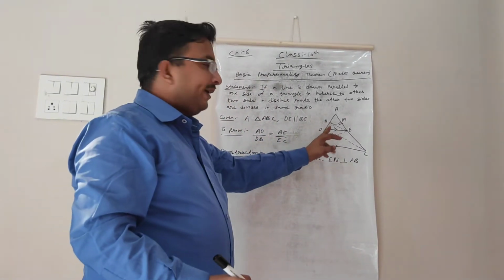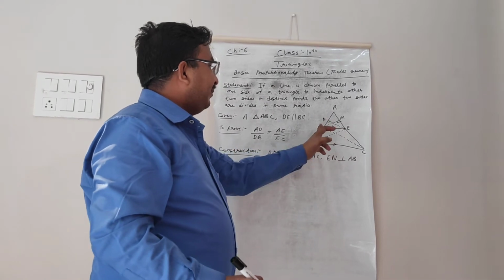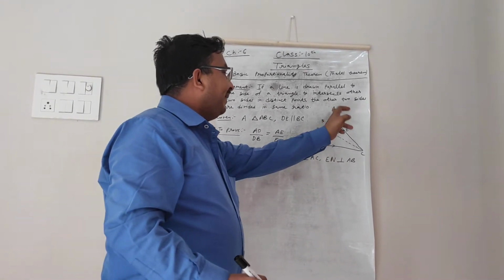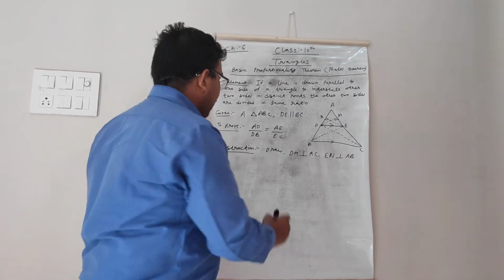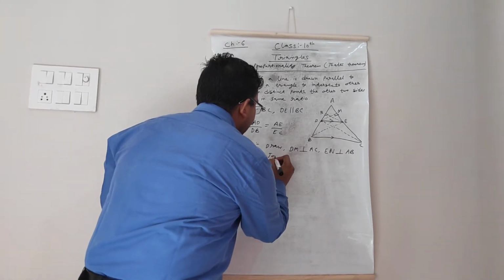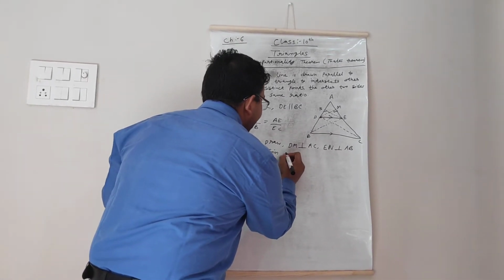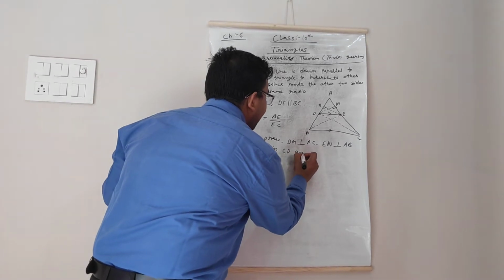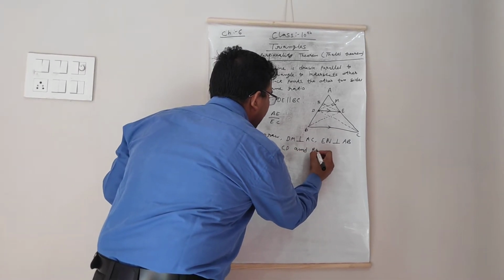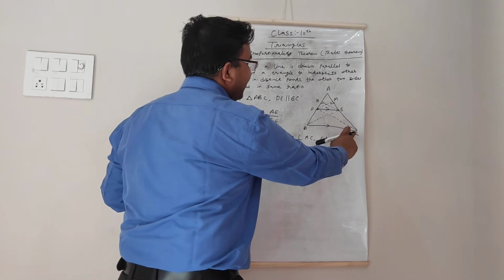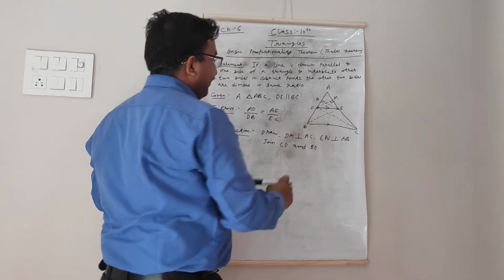We have drawn two perpendiculars, EN perpendicular to AB and DM perpendicular to AC. Also join CD and BE. What am I doing here? We are joining this CD and BE.